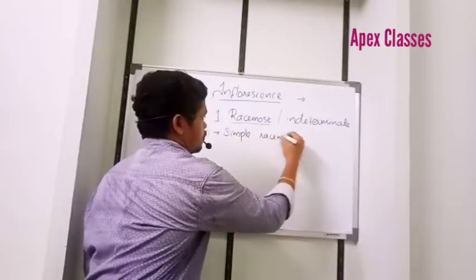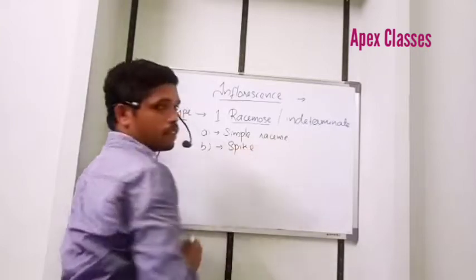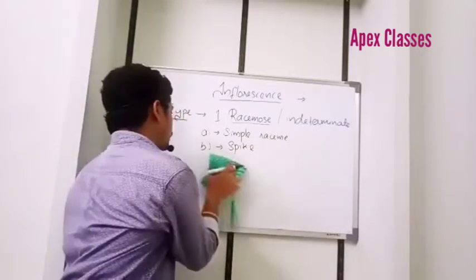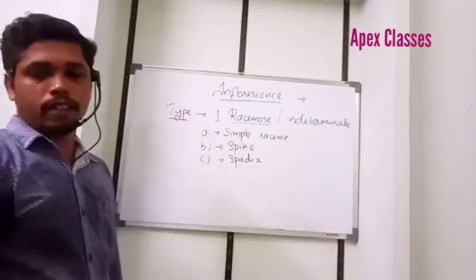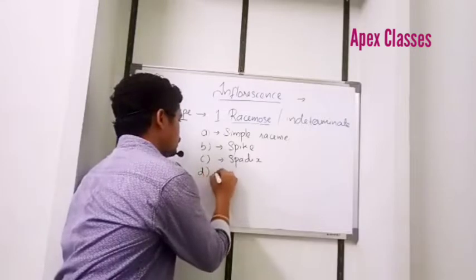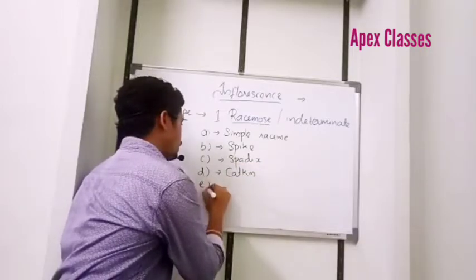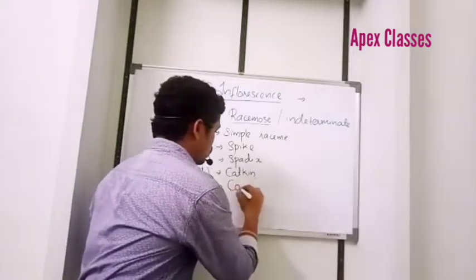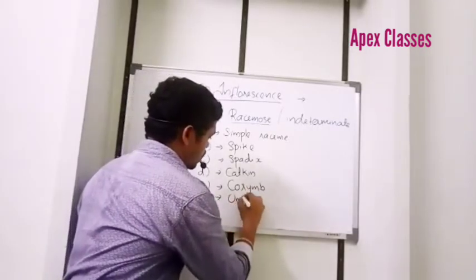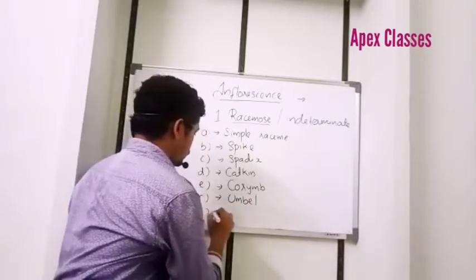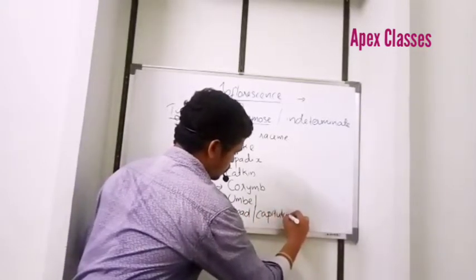Then spike, then spadix, catkin, corymb, umbel, and the head or capitulum.